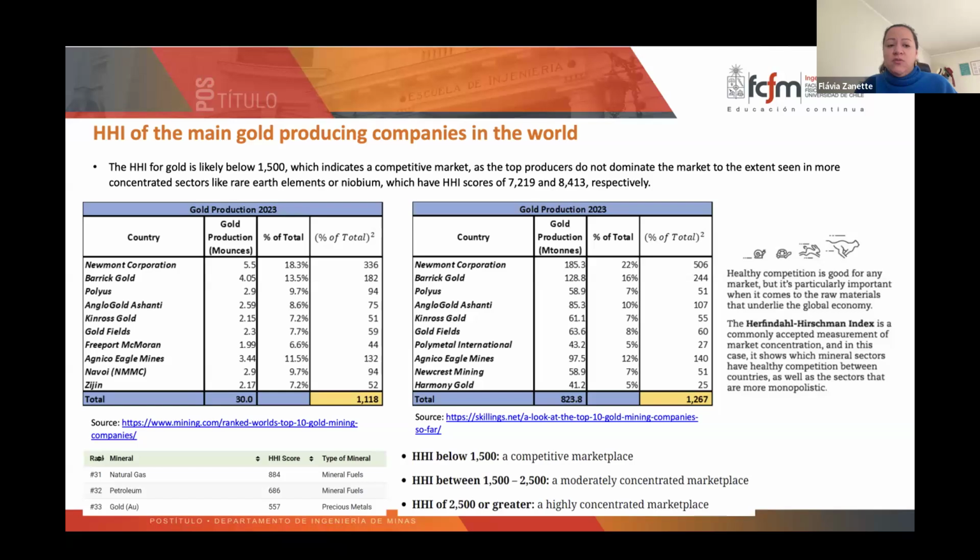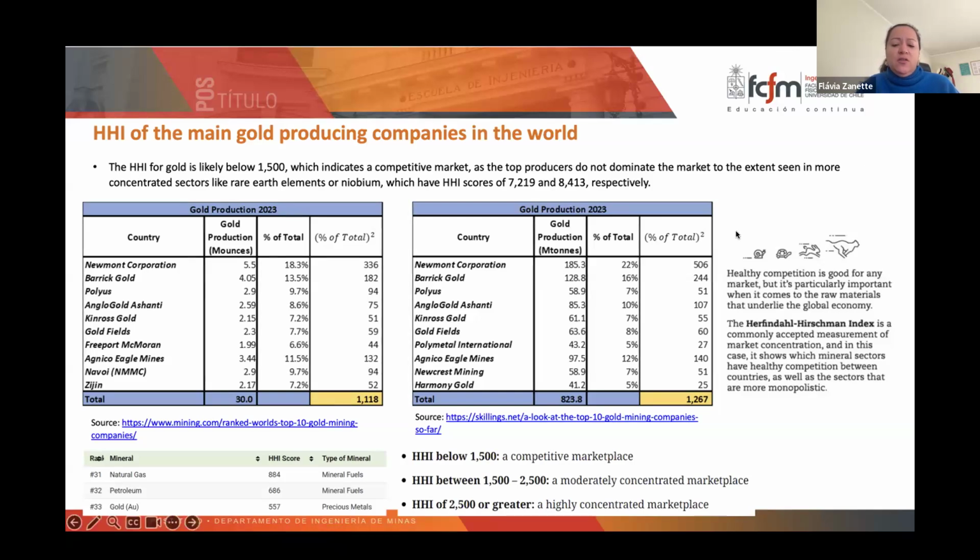The HHI, what we are seeing here on the screen, is the Herfindahl-Hirschman Index. It's a commonly accepted measurement of market concentration, and in this case, it shows which mineral sectors have healthy competition between countries, as well as the sectors that are more monopolistic.